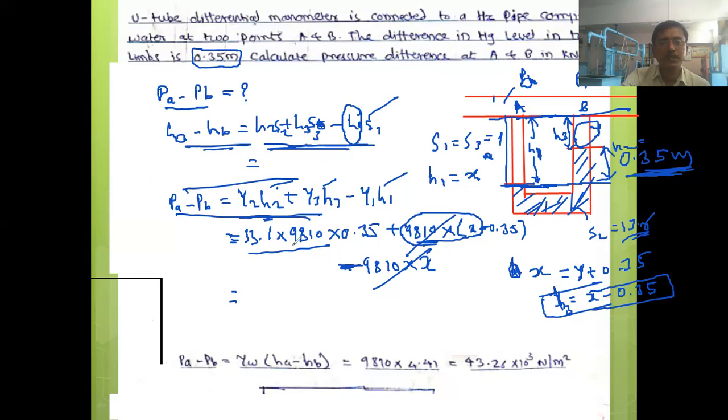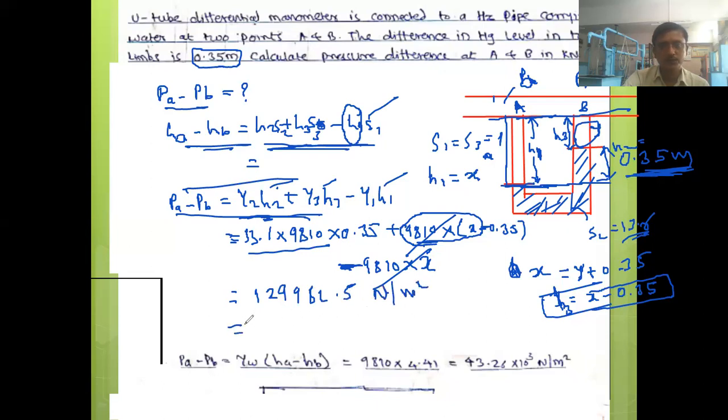Here you will get directly the pressure intensity value. 13.6 into 9810, now minus 9810 multiplied by 0.35, and you will get here the answer as 12998.5 Newton per meter square.